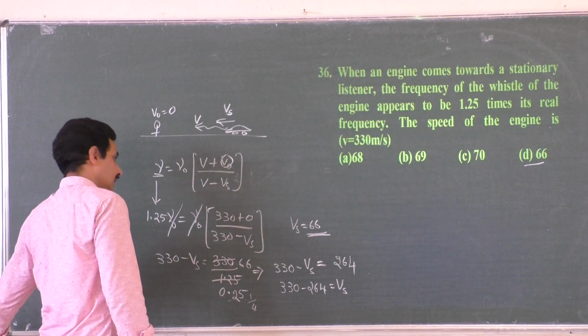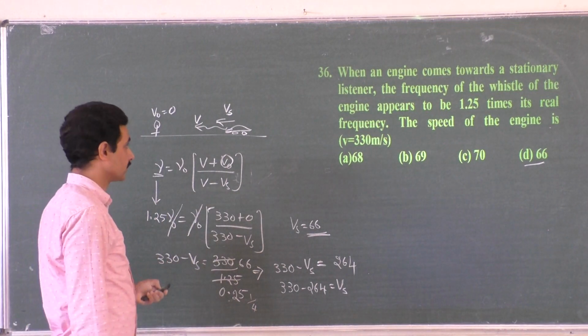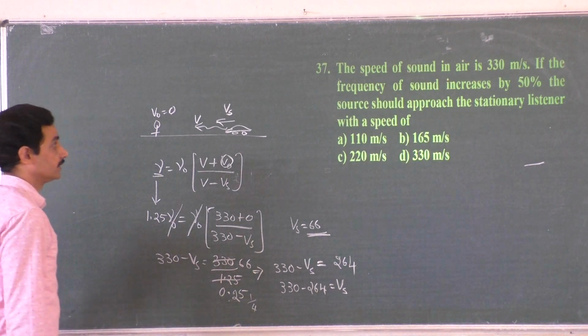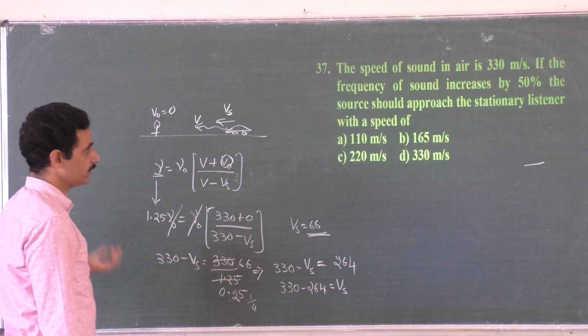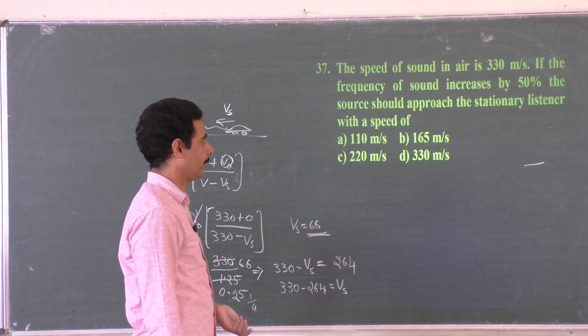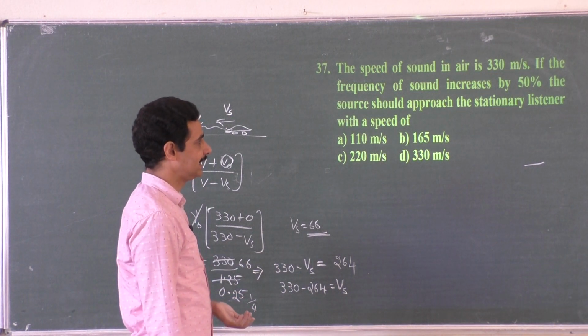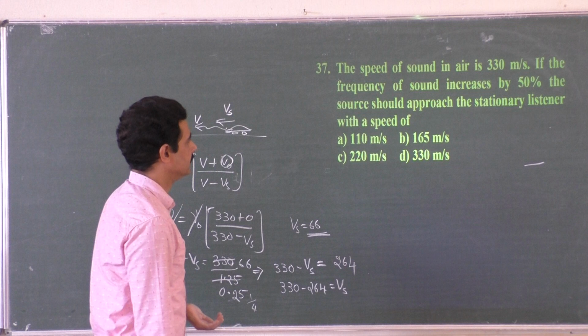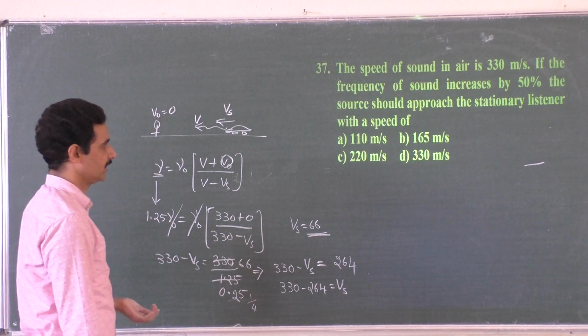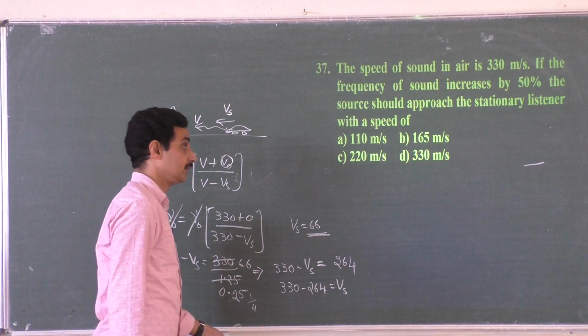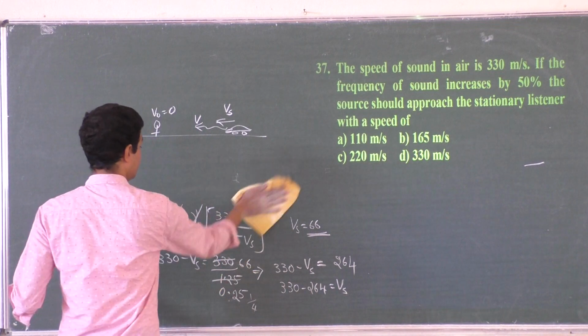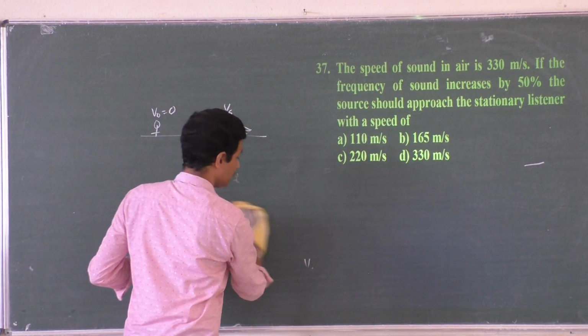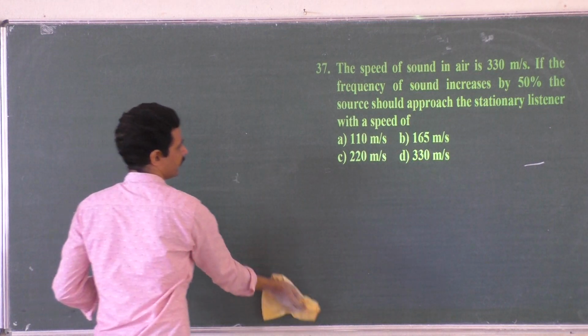And we have some questions like percentage variation, right? Here, 37. The speed of sound in air is 330 meters per second. If the frequency of sound increases by 50%, the source should approach the stationary listener with a speed of, you see, it is in 50%. The apparent frequency should be 50% more, means how can you take it? 1.5, right?